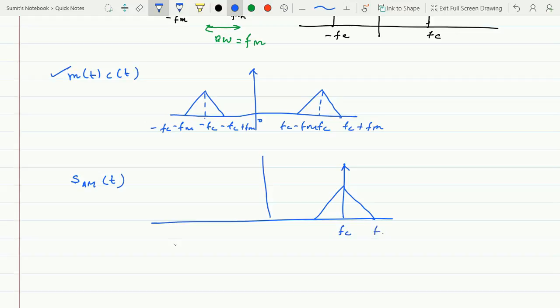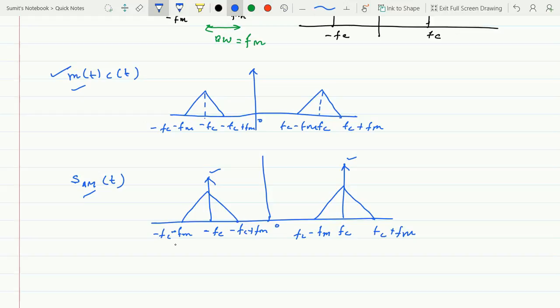So this is again fc plus fm and fc minus fm. Similar thing on the left hand side. So again, what is the difference between these two? You are just getting this carrier signal at the frequencies fc and minus fc.